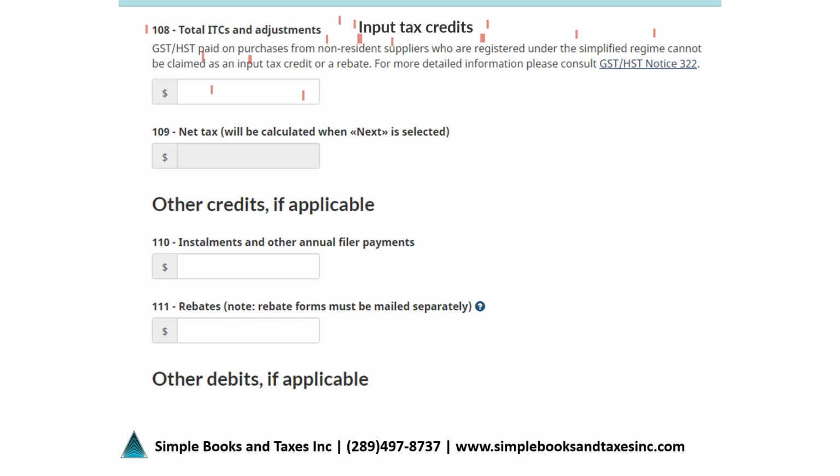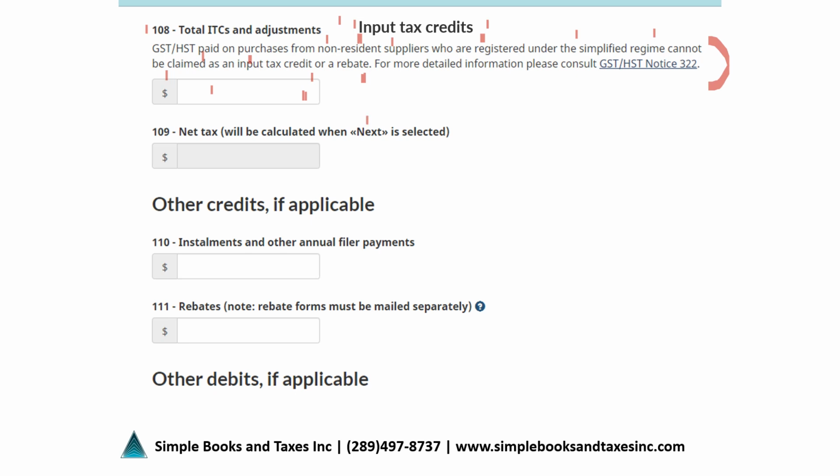In this case only, the HST paid on purchases cannot be claimed as an input tax credit or rebate. So this is a very specific case. In our case, we are going to enter a positive amount over here of the HST paid on purchases.